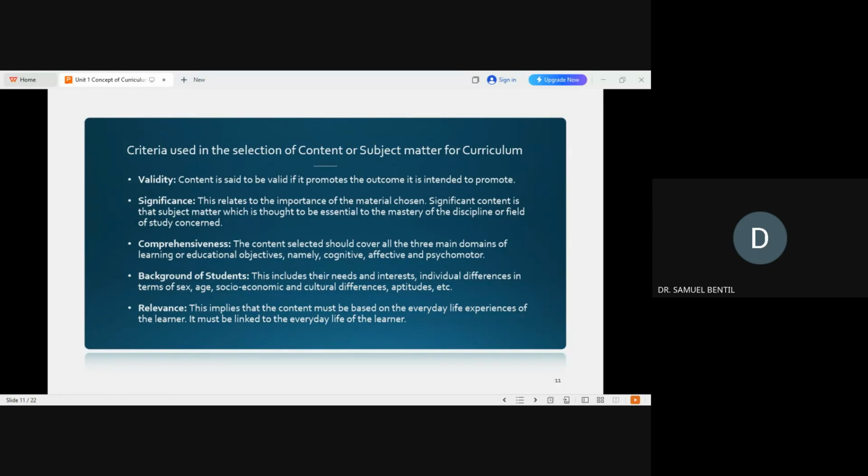The next criteria has to do with what we call the significance criteria. When we talk of significance, we are talking about the importance of the content materials that are chosen for learners.